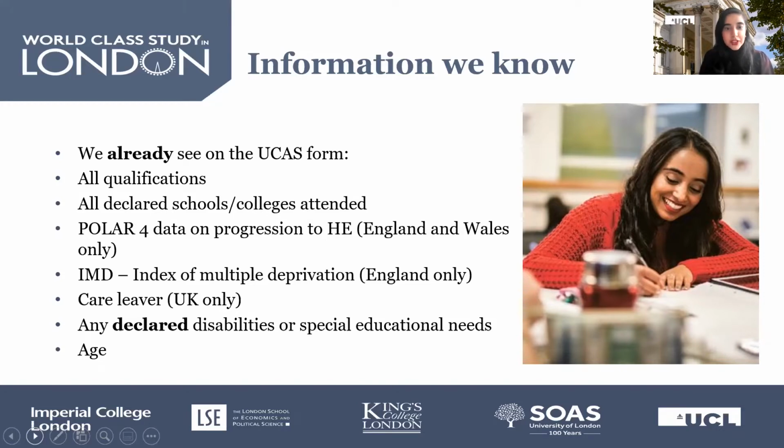And some of you from UK schools will be able to see that this is mainly for UK students. And what's noteworthy about this information is that we don't actually get very much information provided about the student, about the context of the school, or even international schools as well.